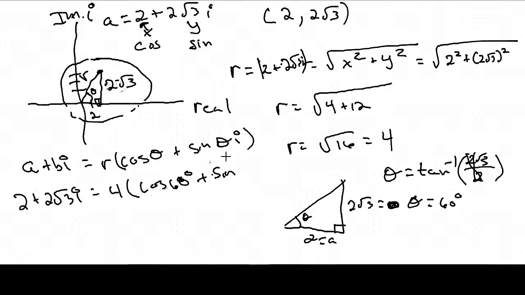So is that also 60? That's also 60. It's the same theta. The only difference between that theta and this theta is that one of them's imaginary. That's how you fill in the blanks. That's why we solve for all that stuff.